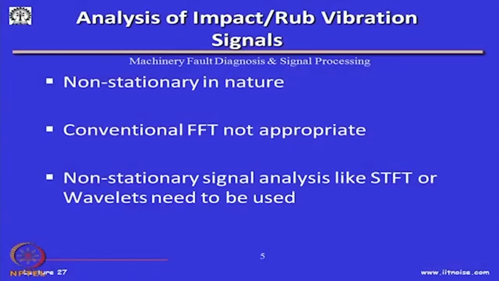So, the impact and rub vibration signals which are created because of the looseness are non-stationary in nature, and conventional FFT is not appropriate. Non-stationary signal analysis like STFT or wavelets need to be used.